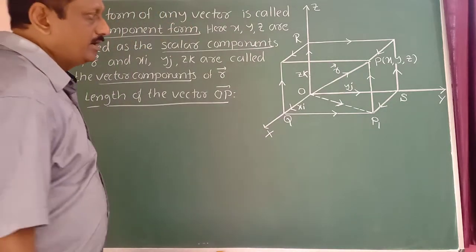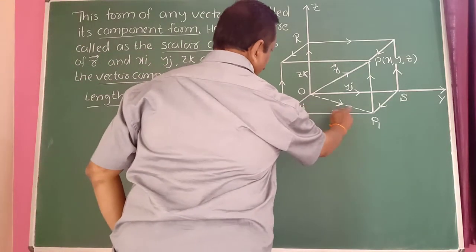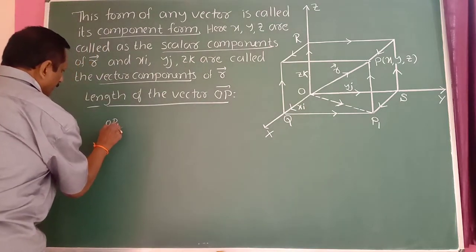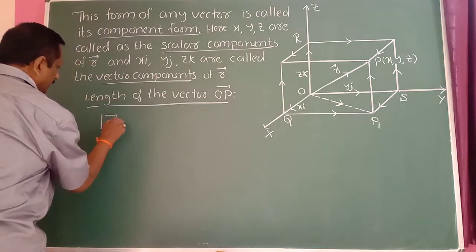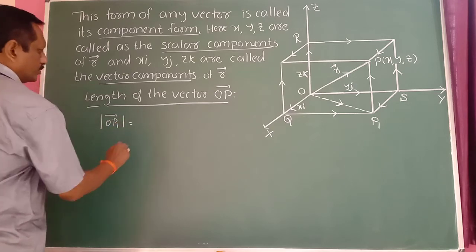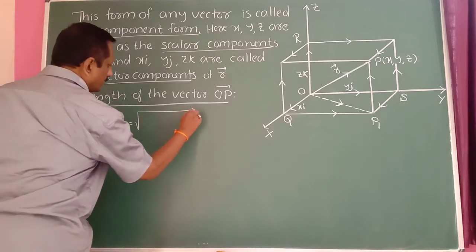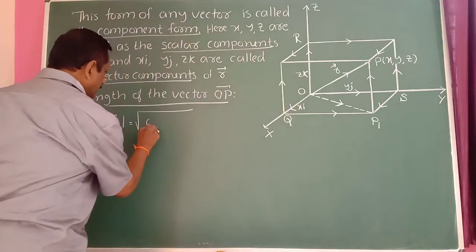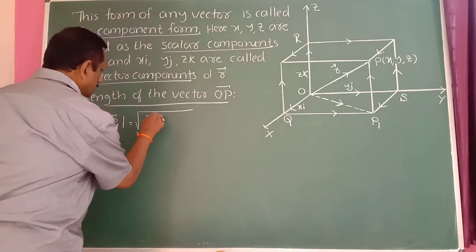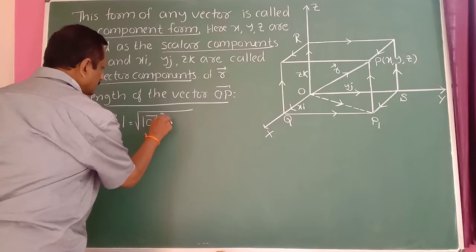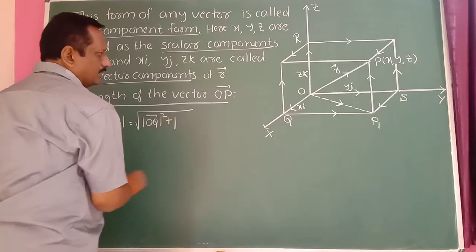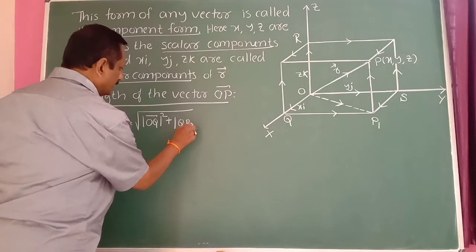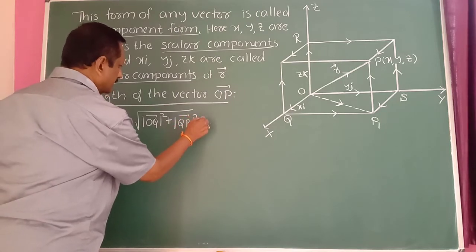According to the Pythagoras theorem, OP1, the length of OP1 bar, is equal to root of modulus of OQ bar square plus modulus of QP1 bar square.